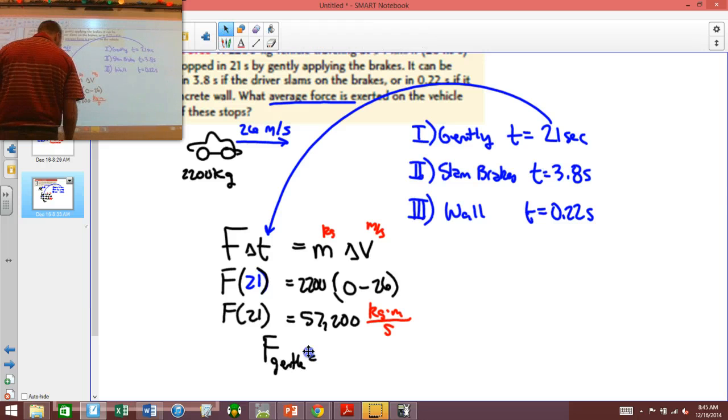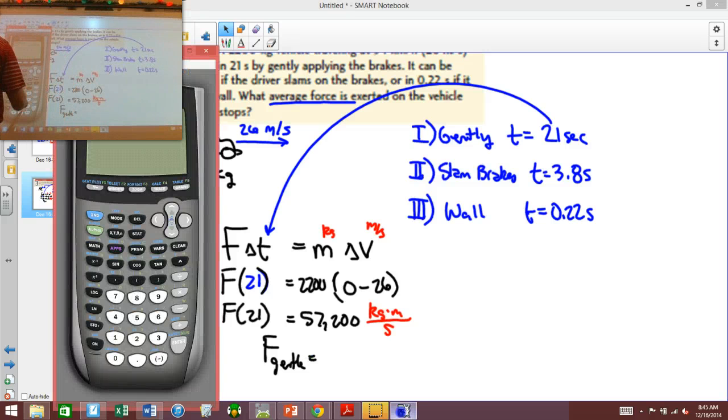You take 57,200 divided by 21. I'm just going to store this as x so I don't have to keep coming back and typing it in. So I'll take x divided by 21 and I get 227.23 newtons.